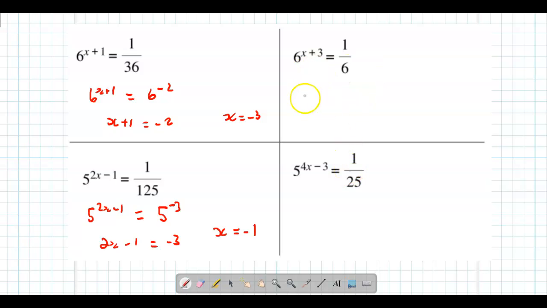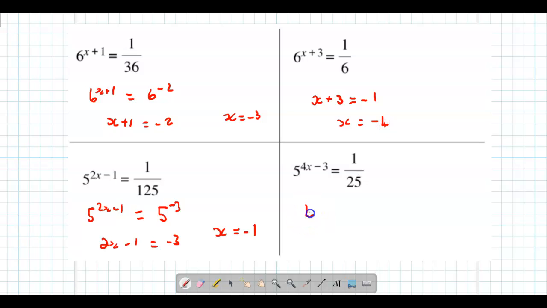So you can try these two on your own. I'll give you the answers if you want to pause the video, and the answers will be x plus 3, and I'm making that 1 over 6, which is 6 to the power of negative 1. So here x equals negative 4. And here we have 4x minus 3.